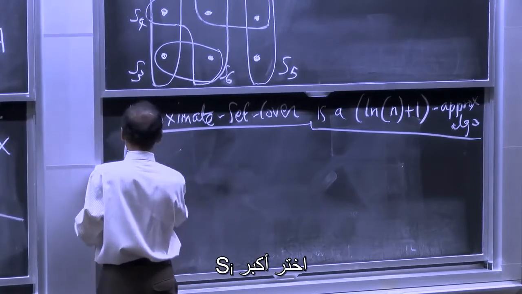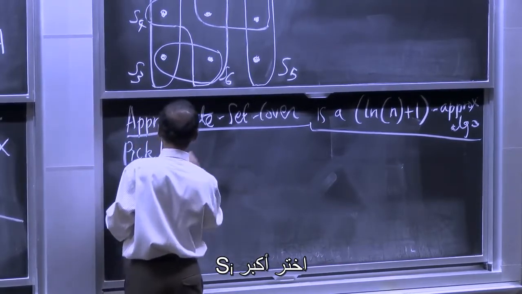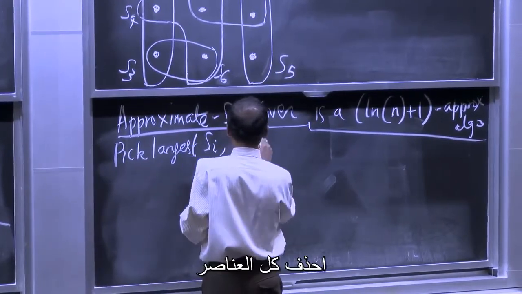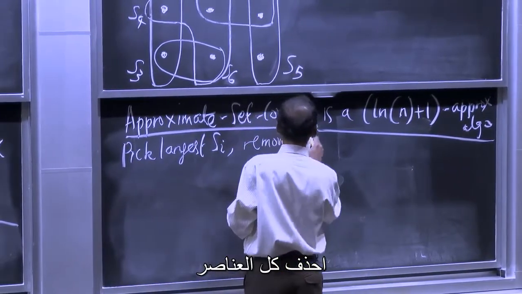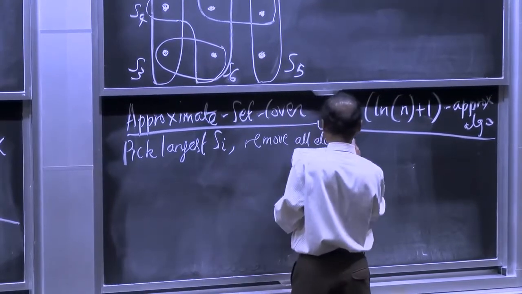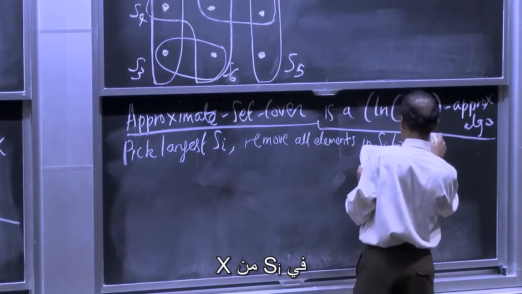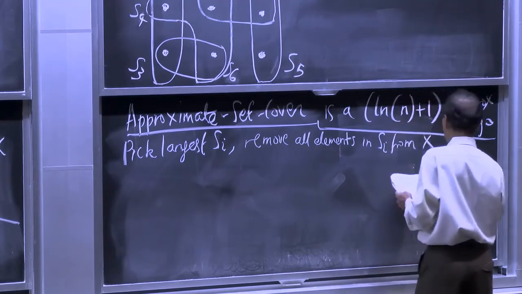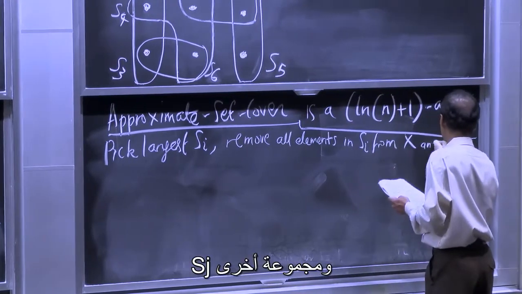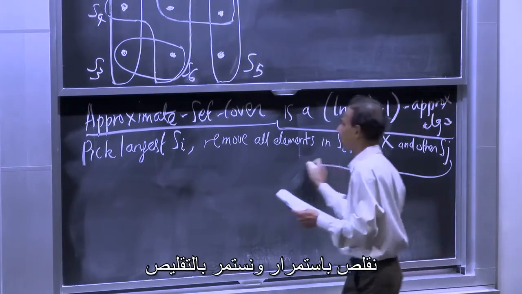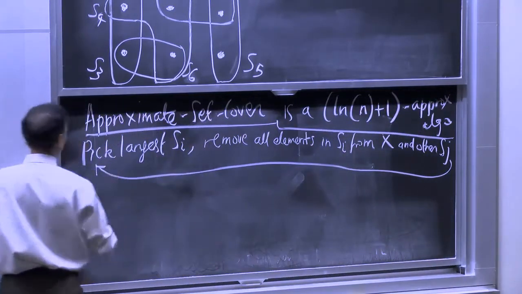It's pick the largest Si, remove all elements in Si from X and the other Sj. So you're constantly shrinking and then keep doing that.